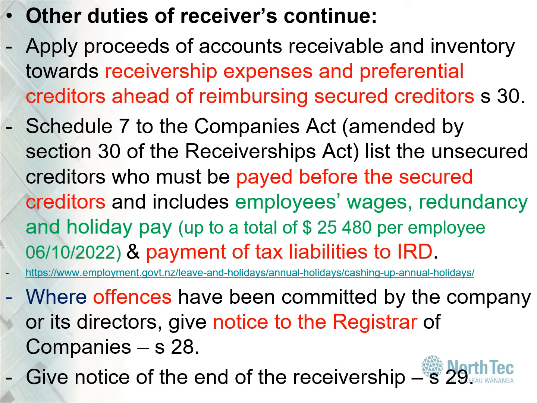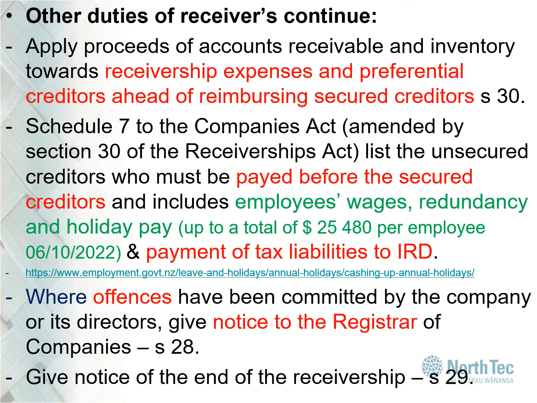Some other duties of receivers: people, they should apply the proceeds of the accounts receivable and inventory towards their own expenses first. In other words, it's very good for them that the law supports them like that. And then the preferential creditors will have to be paid ahead of reimbursing the secured creditors according to section 30.